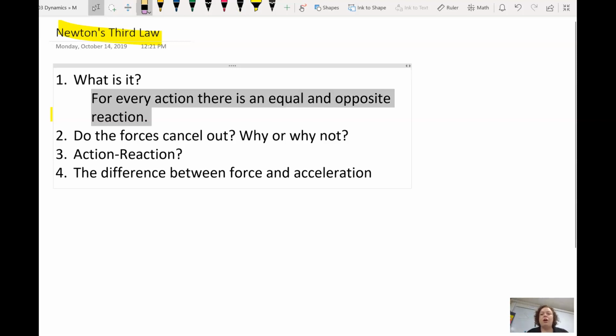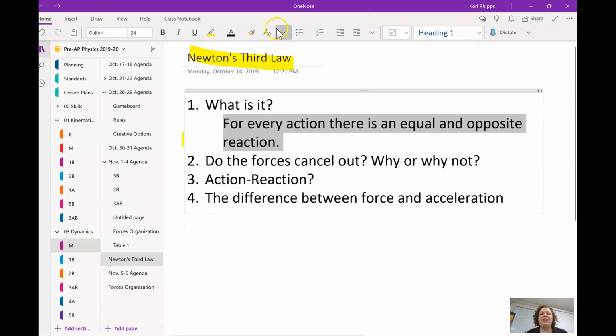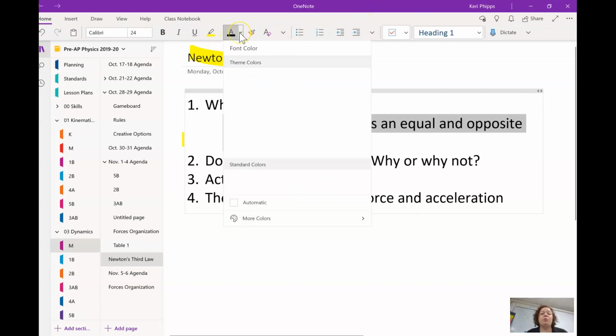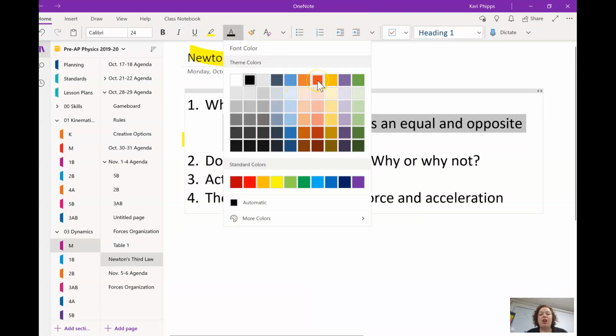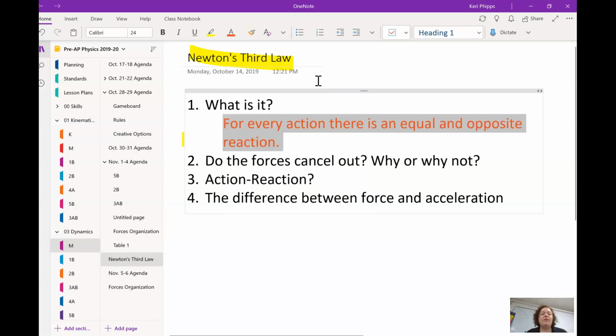And what's not in that statement that we occasionally need to remember is that there's always more than one object in this. You know that old thing, what's the sound of one hand clapping? For there to be one hand clapping, you have to actually interact with something. So if we've got to interact with something, that means there's 2 objects and 2 forces.